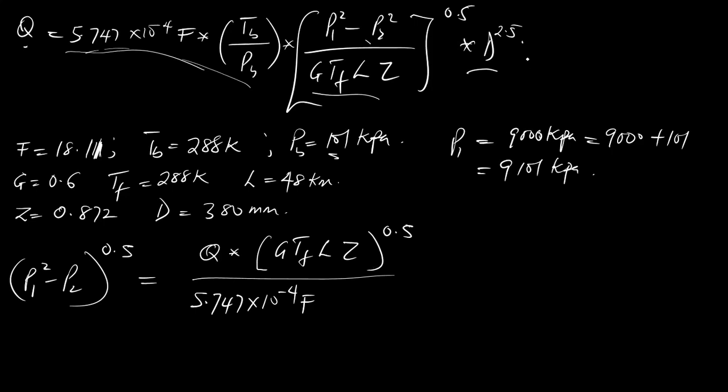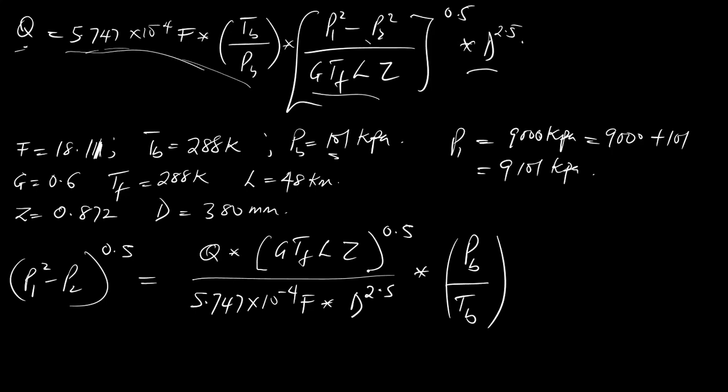Now this D raised to power 2.5, which is multiplying this, will also be dividing this. So divide by D to the 2.5 times. Now if you divide by the ratio of temperature over pressure, you will reverse it to be pressure all over temperature.